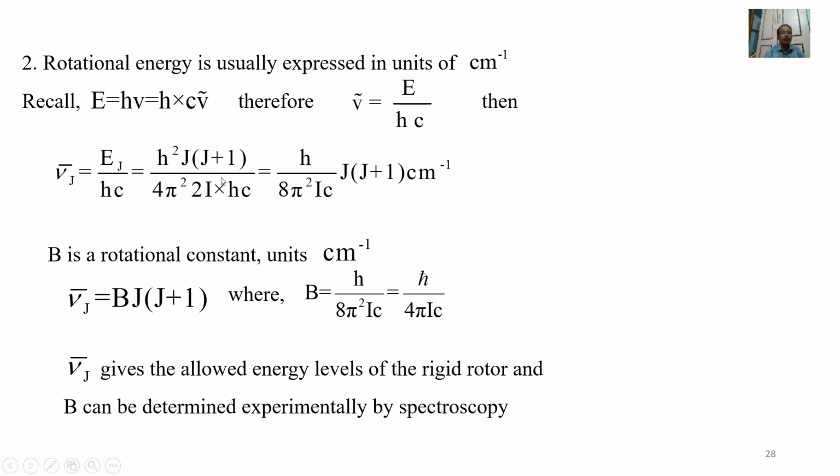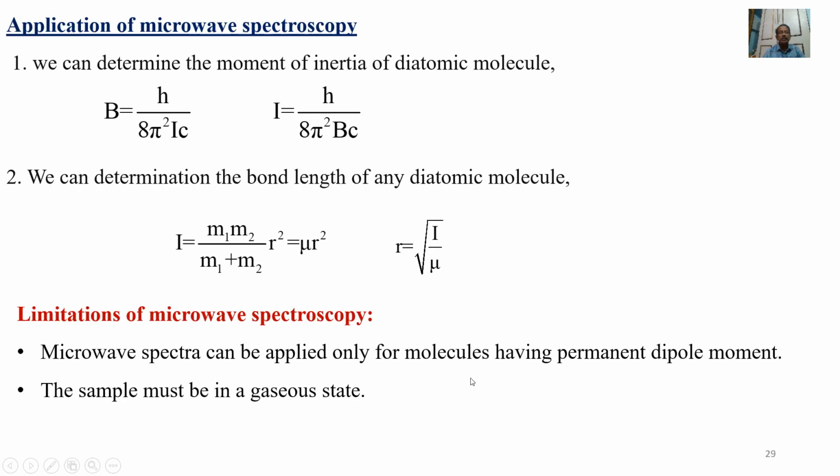So we will have h divided by 8 pi squared Ic times j into j plus 1. It is in centimeter power minus 1. B is the rotational constant. Unit is given as centimeter power minus 1. So the wave number is equal to B times j into j plus 1, where B equals h divided by 8 pi squared Ic, which is equal to h bar divided by 4 pi Ic. The wave number gives the allowed energy levels of the rigid rotor, and B can be determined experimentally by spectroscopy.